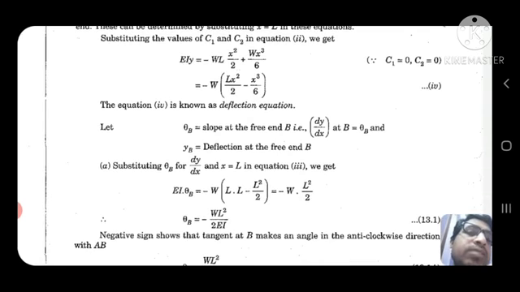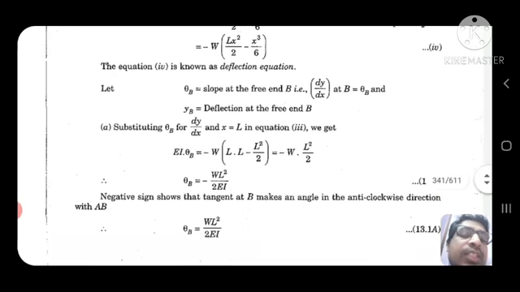Substituting the values of C1 and C2 in the equation, EIY equal to minus WL x square by 2 plus WX cube by 6, that is equal to minus W times (L x square by 2 minus x cube by 6). This equation is known as the deflection equation.